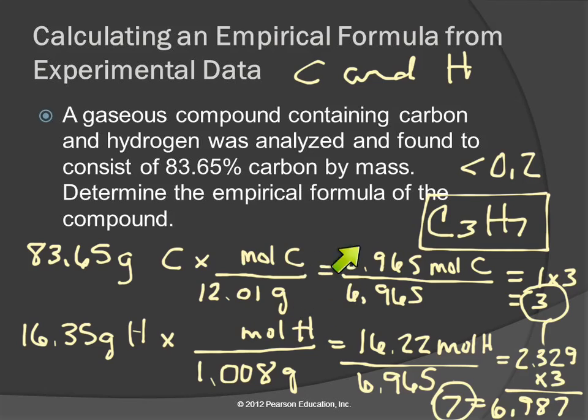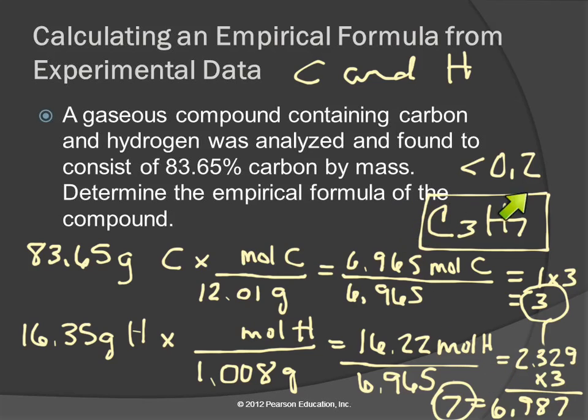So the original ratio was 6.965 to 16.22. But those are messy, non-whole numbers. And so this dividing and multiplying business is just to find the whole number equivalent of that ratio. So if we take a ratio of 16.22, which is the moles of hydrogen, and divide that by the moles of carbon, 6.965, we came up with 2.329, right?